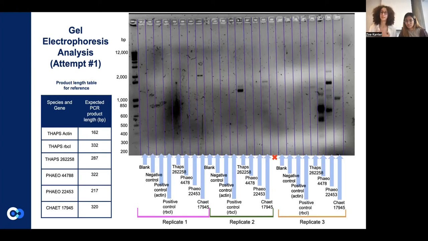And this can tell us if our PCR successfully amplified the right genes or not by comparing it with the expected PCR product length, which is in this table. All right, and we ran this in triplicate, meaning we basically did the same thing 3 times. You can see replicate 1 in pink, replicate 2 in green, and 3 in orange.